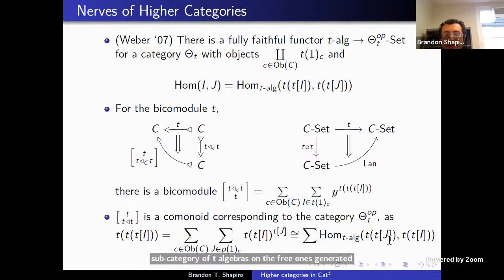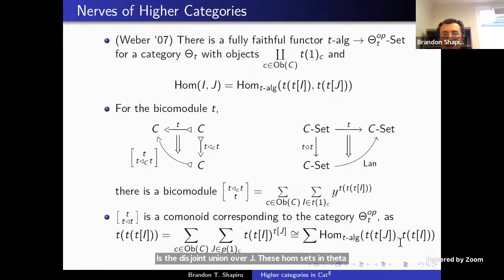And here we're seeing that this set, T of T bracket I, is the disjoint union over J of these Hom sets in theta T op.